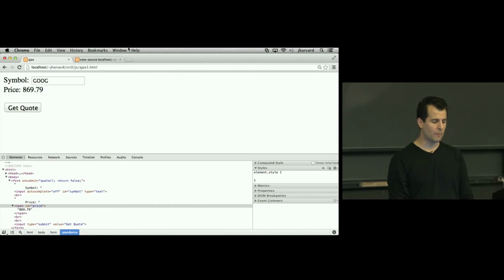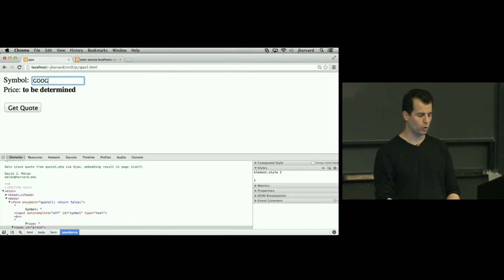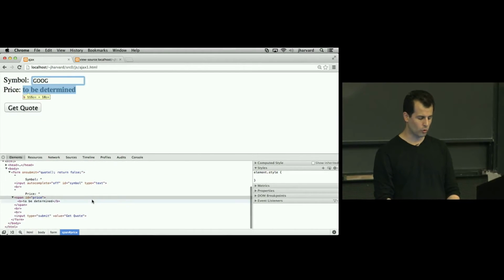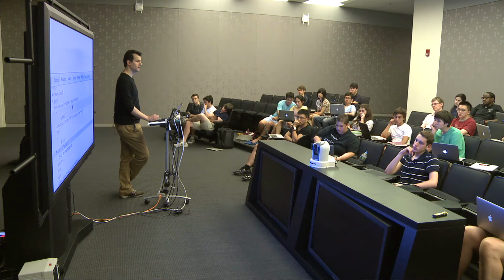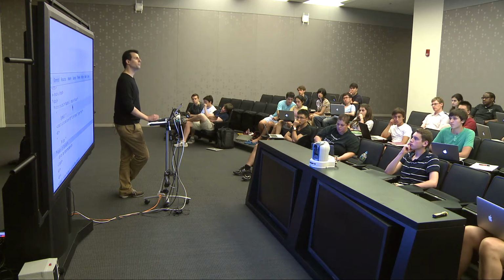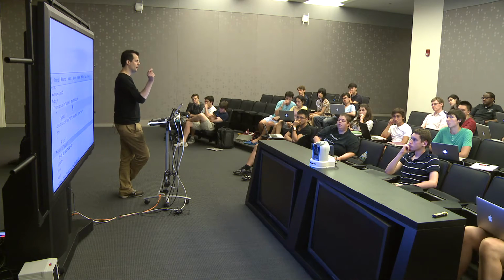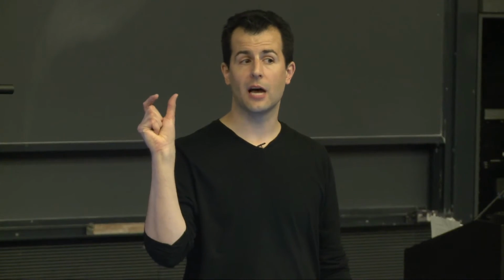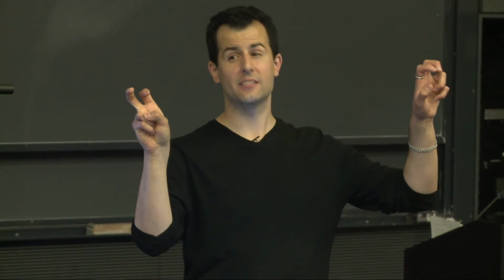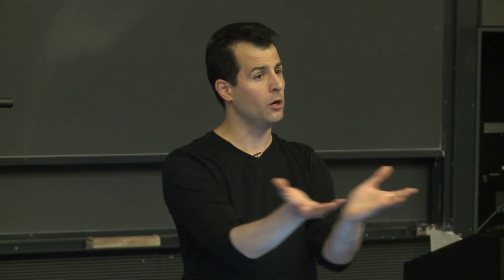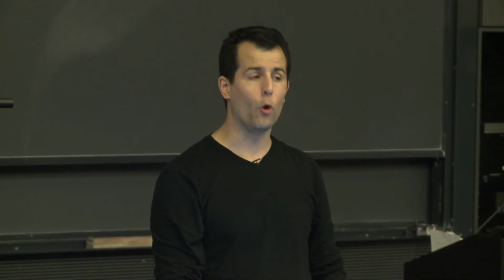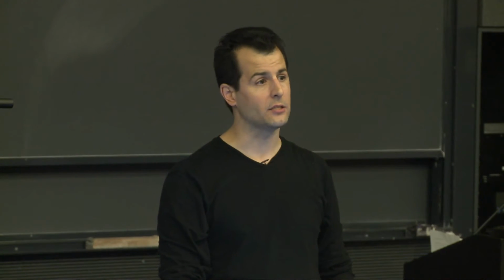So if we do it again to recap now with that context, and I pre-type in Goog, I don't hit enter yet, but I instead scroll down to where it says to be determined, is the span tag going to be replaced or the bold tag? Just the bold tag, because when I uniquely identify the span element by its ID, called price, and change its innerHTML, that won't blow away the span tag itself, just its inner HTML, which is apparently a bold-faced tag and a line of text to be determined.